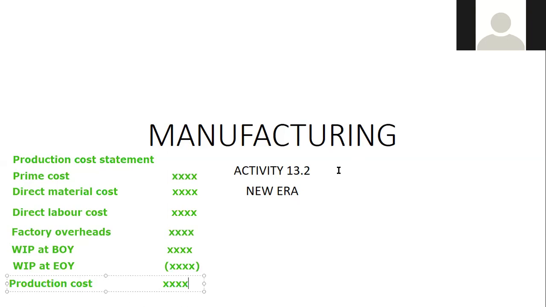But what if they don't give you work in progress at the end of the year and they also don't give you production cost? What would you do in that scenario? We will figure out the work in progress at the end first. How do you figure it out?